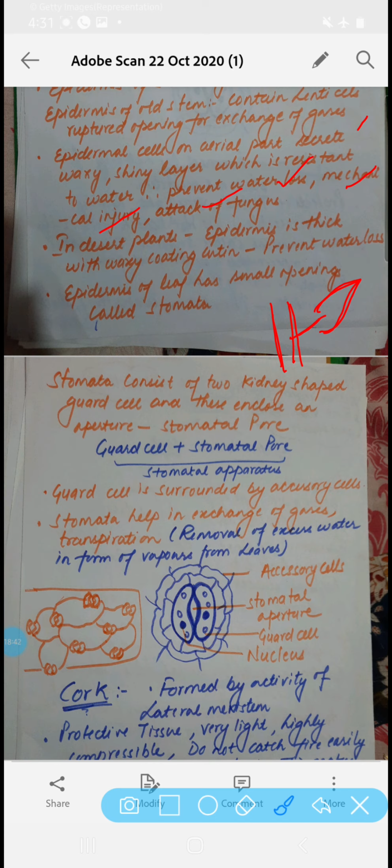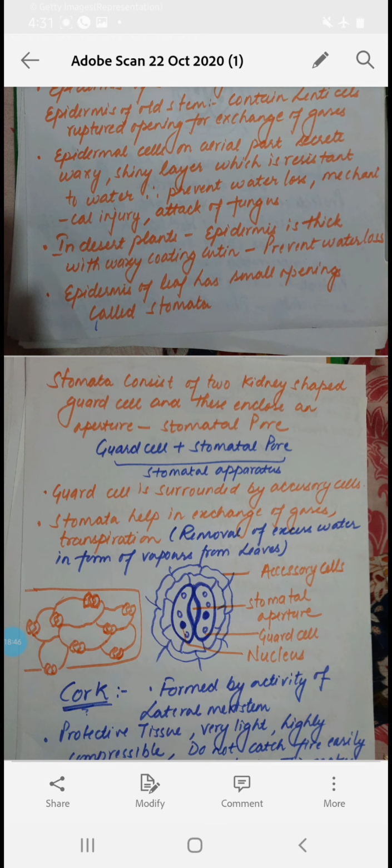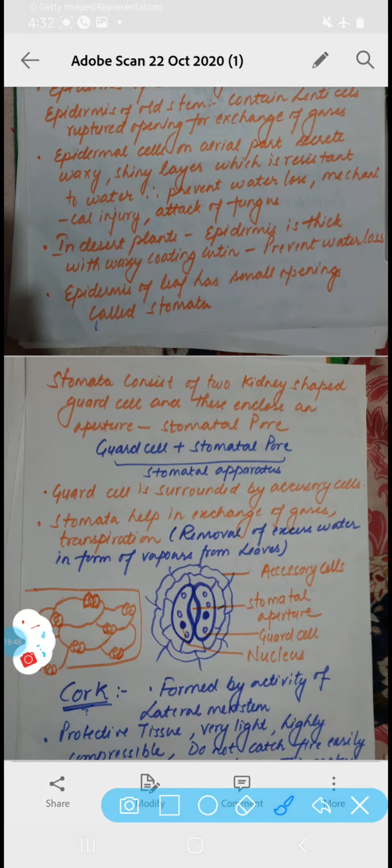Now some desert plants have an epidermis that is thick, and they also have a waxy coating of cutin. Cutin is the material which forms the waxy coating which makes the epidermis thick, that prevents the water loss.